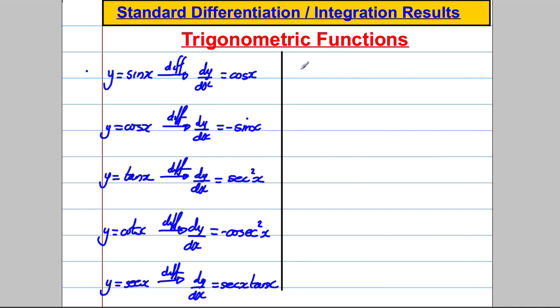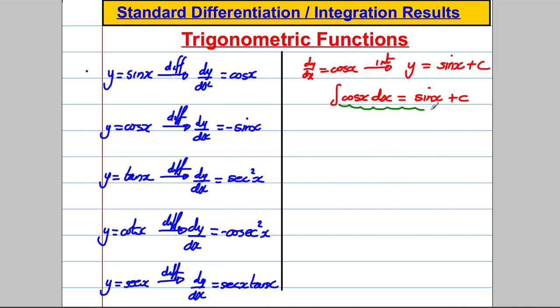If I was to integrate, so if I had dy by dx is equal to cosine x and I integrated, I would get that y was equal to sine x as my answer. So in general, the integral of cosine x with respect to x is sine x plus a constant. We would have had plus a constant, and that's the result I need to know there.